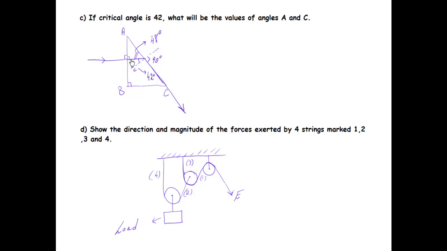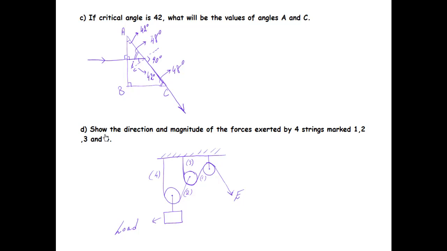And assuming this to be 90, we can say therefore the angle at the top, which is angle A, is 42 degrees. And similarly, by using the idea that the sum of all the angles in a triangle is 180, we can predict that angle C will be equal to 48 degrees.